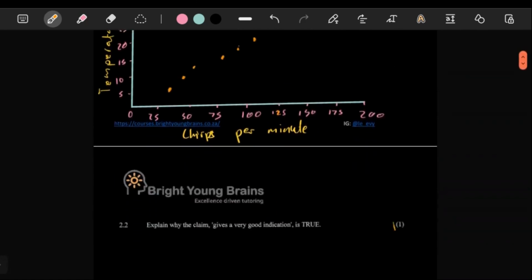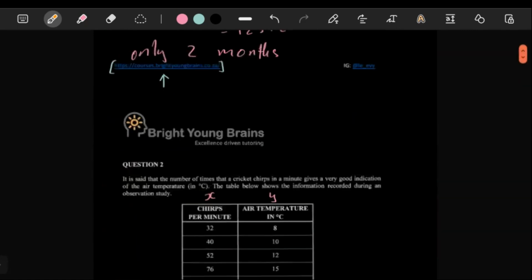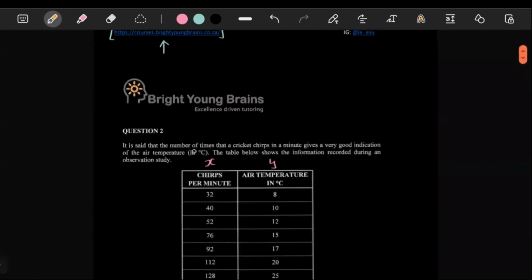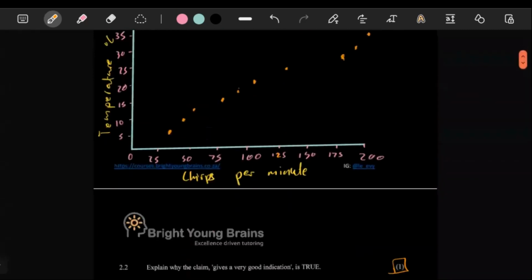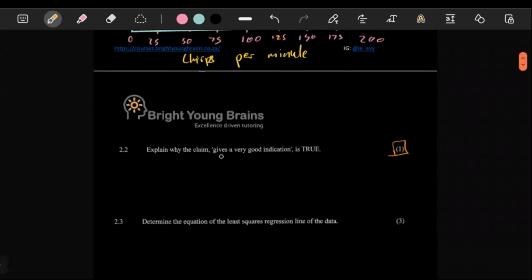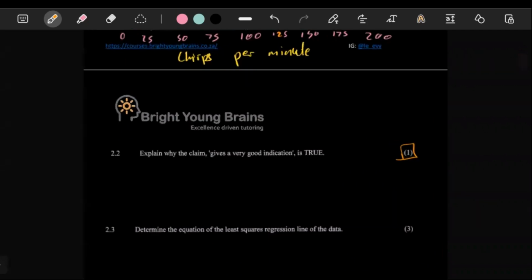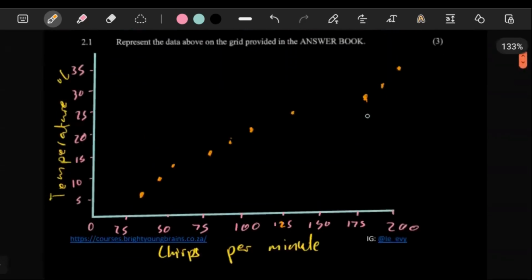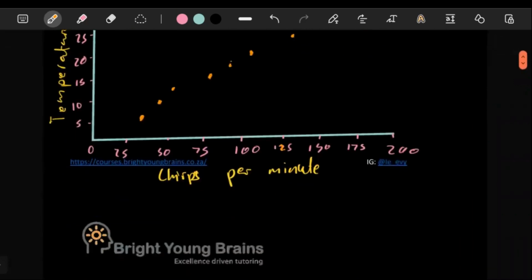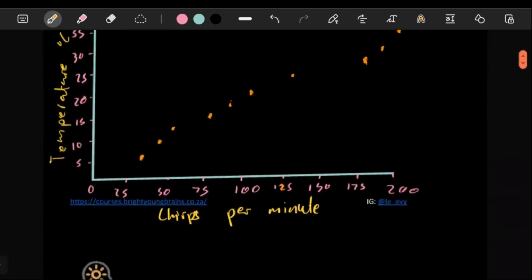The next one says, for 1 mark, explain why the claim gives a very good indication is true. They're talking about the statement that the number of times the cricket chirps in a minute gives a good indication of the air temperature. It is true because this data has a strong correlation, and it is almost forming a straight line.